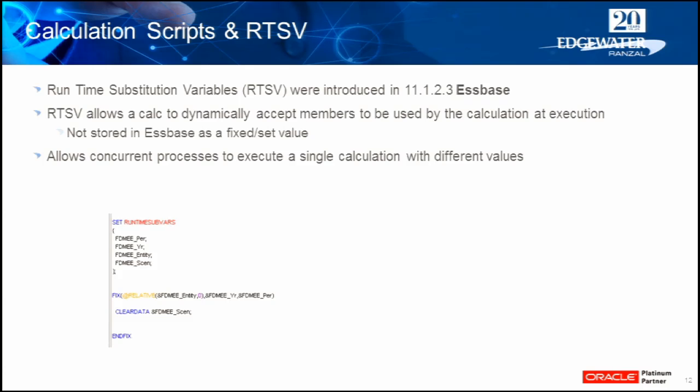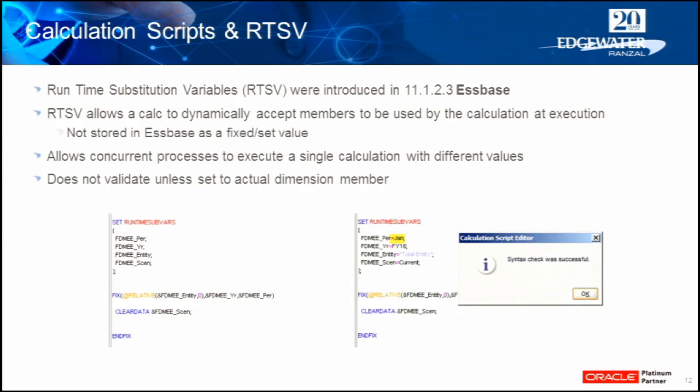So here's what they look like. At the top of your script there, and I'm sorry I don't have a pointer, this is brand new from the company, you've got your SET RUNTIMESUBVARS in red, and in the curly brackets, you can name them anything you want. I generally recommend FDMEE underscore and then whatever dimension you need to have that value update.